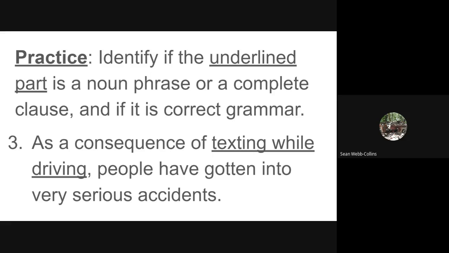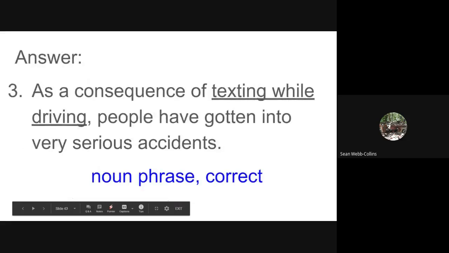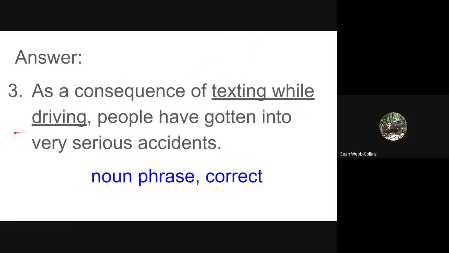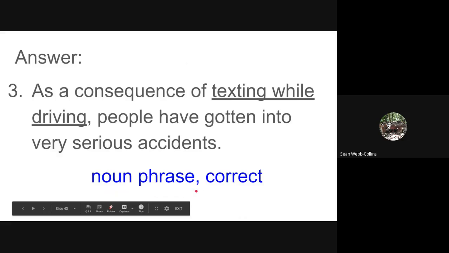Okay, let's reveal the answer. The answer was that texting while driving is the noun phrase, and it is correct grammatically. There are no mistakes.